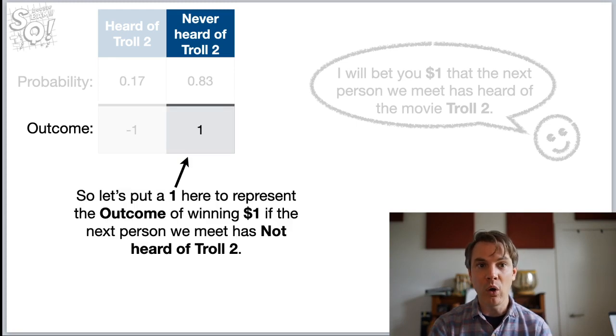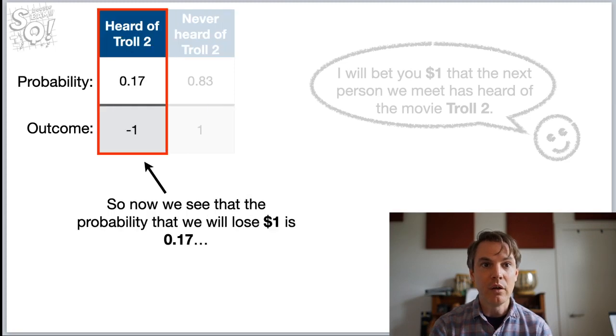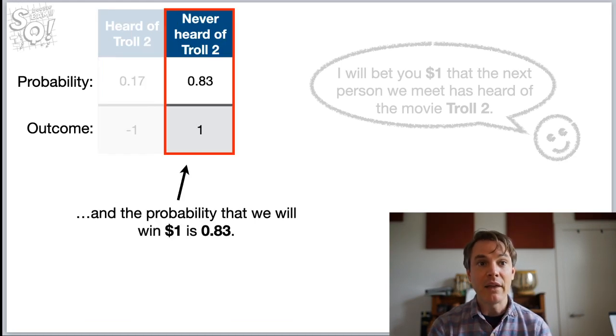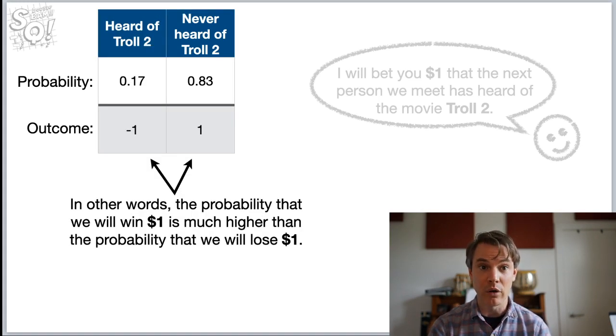So let's put a 1 here to represent the outcome of winning $1 if the next person we meet has not heard of Troll 2. So now we see that the probability we will lose $1 is 0.17, and the probability that we will win $1 is 0.83. In other words, the probability we will win $1 is much higher than the probability that we will lose $1. So this looks like a pretty good bet for us to make.